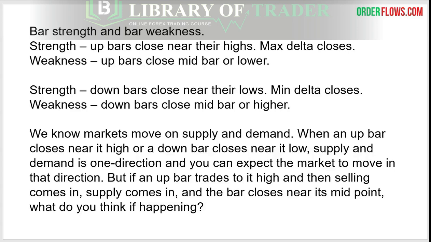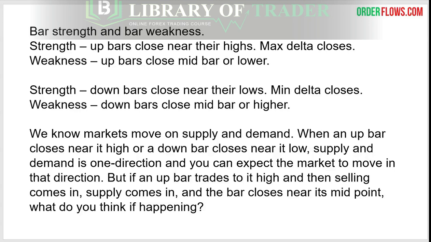But watch where the max delta closes, right? Are we closing near the max delta in terms of the delta? And weakness in up bars: they close mid bar or lower. It could still be a green candle, but the bar is going to close not near as high. It's going to close somewhere in the middle, or maybe you have a small little green area.